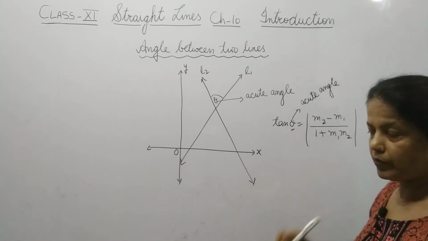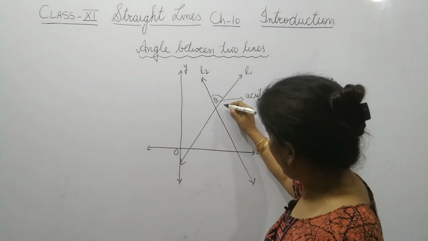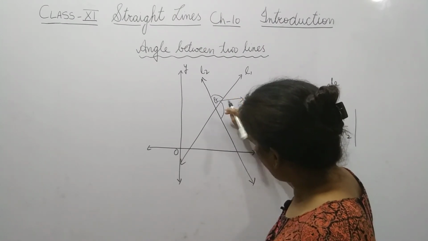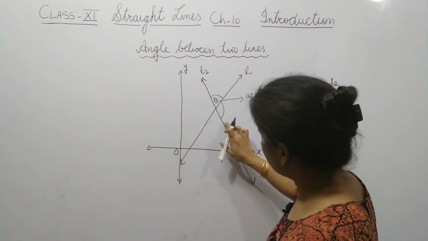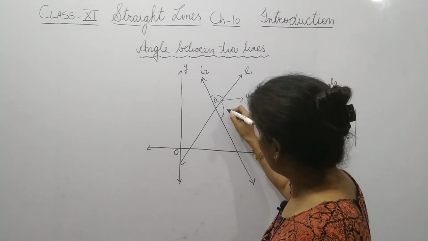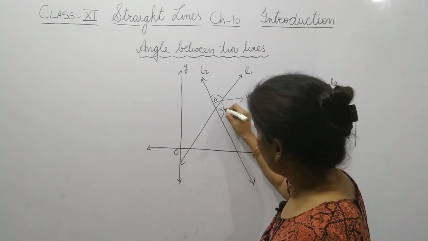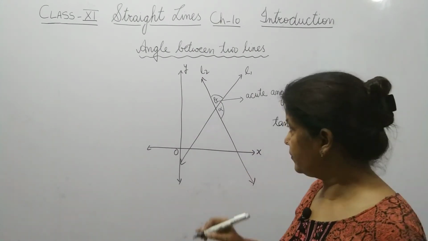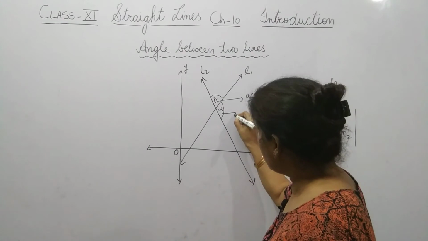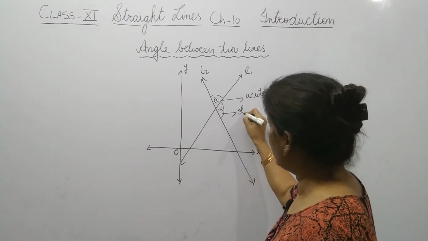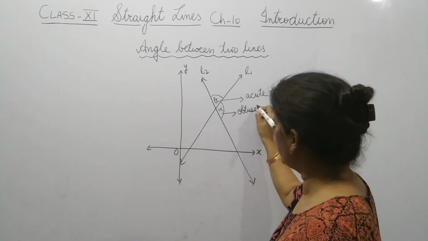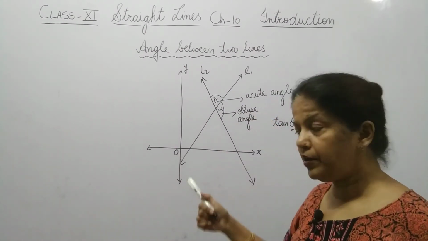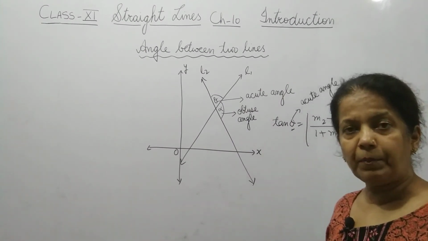Acute angle. Okay, suppose that you have to find out, if you will see, this is also the angle between these two lines, let it be angle alpha. Then to find out this angle, if you will observe, this alpha is obtuse angle. Obtuse angle. Okay, so to find out this alpha, what will you do?